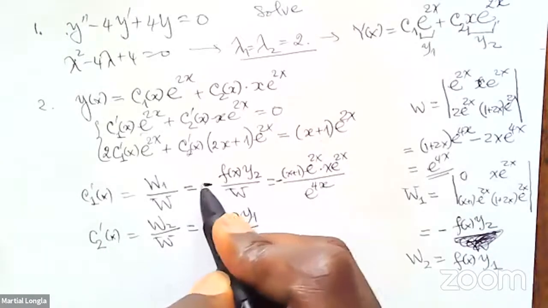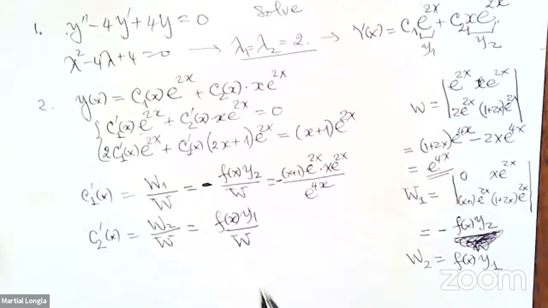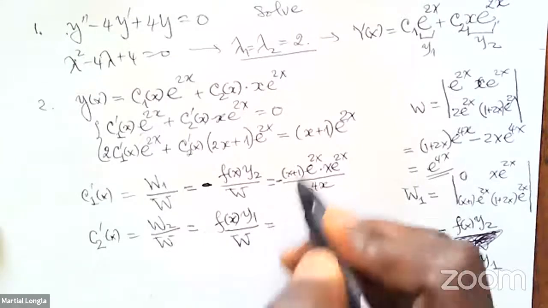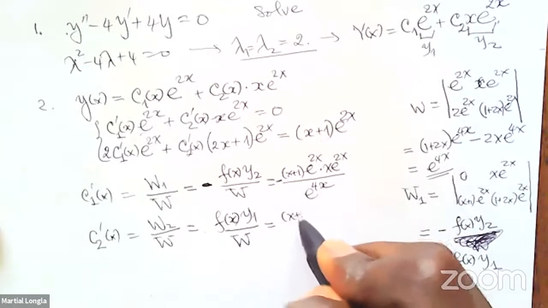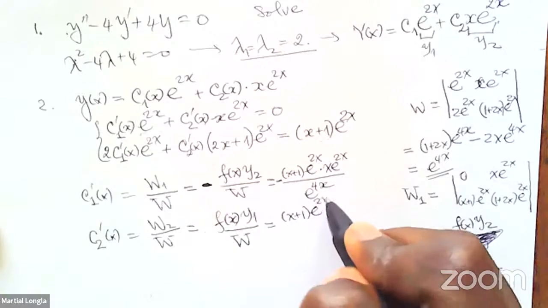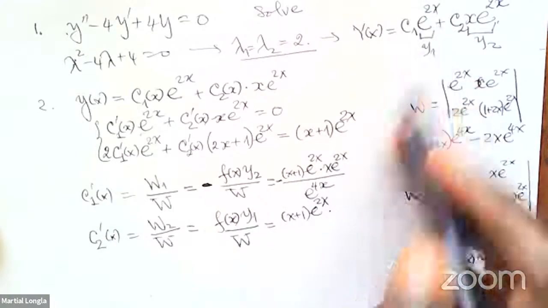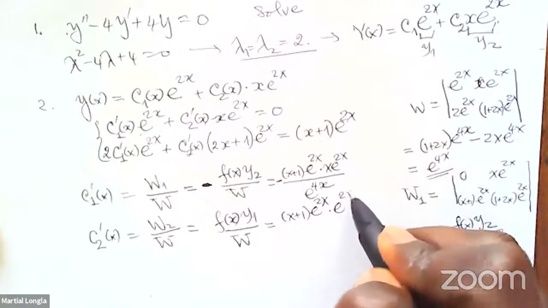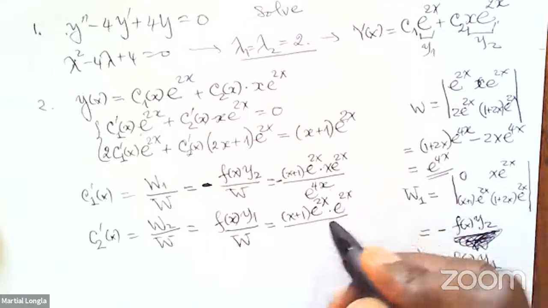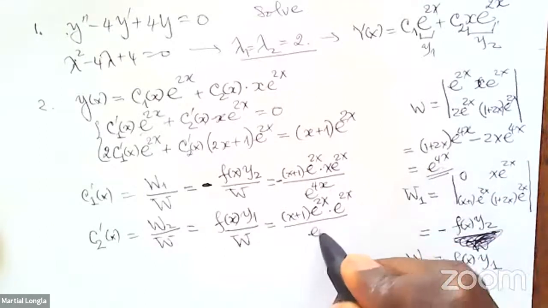The first one comes with a minus, and there's no minus for the second one. And that f of x is (x plus 1) e to the 2x times y1, and y1 is e to the 2x, over W, which is e to the 4x.